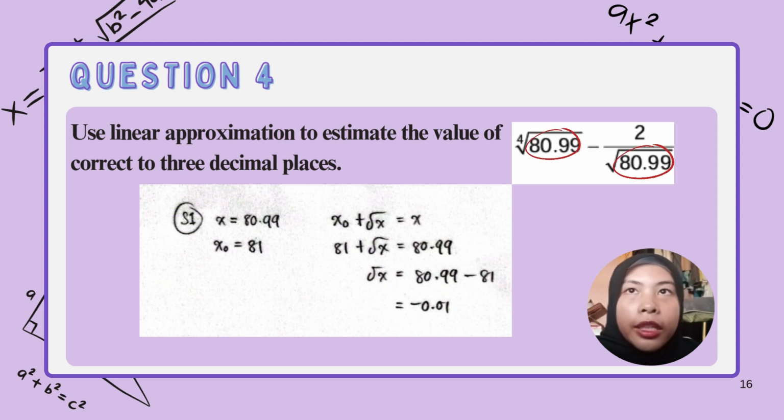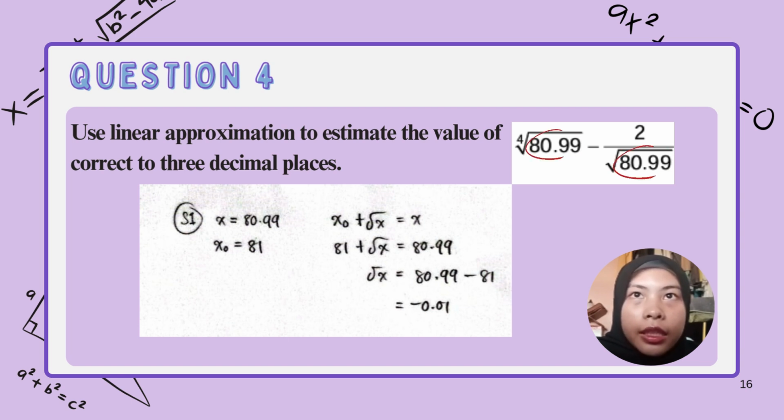Then now we can transfer it to the formula, x₀ plus Δx equals x. The x₀ will become 81 plus Δx equals x, which is 80.99. So now we will find the value.